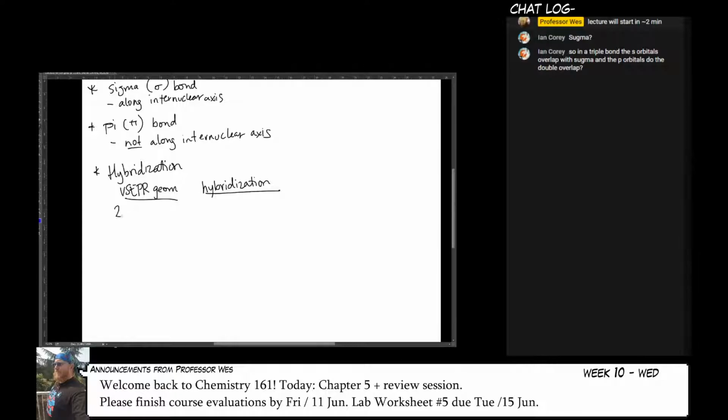So if I write down these numbers here, well, if I spell linear right, trigonal planar, 4 is tetrahedral, 5 is trigonal bipyramidal, and then 6 is octahedral.